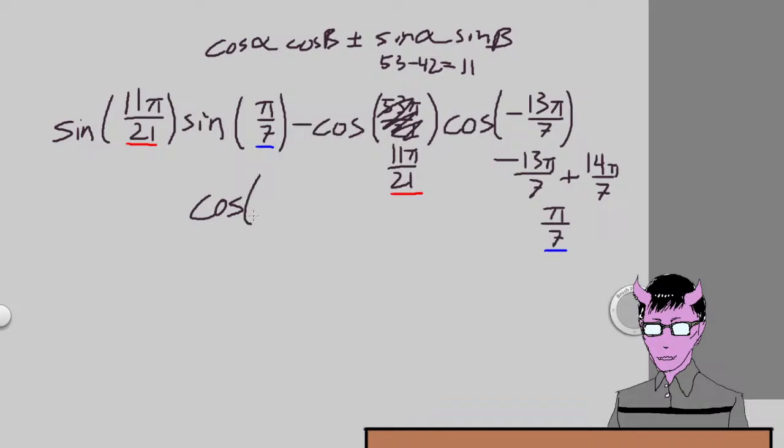However, this is going to be wrong. Don't put 11 pi over 21 minus 11 pi over 7, because this negative here is actually throwing things off. Cosine pair comes first. So what that means for us is we need to group these together and then factor a negative from both term number 1 and term number 2 just to switch the order so it matches this one.